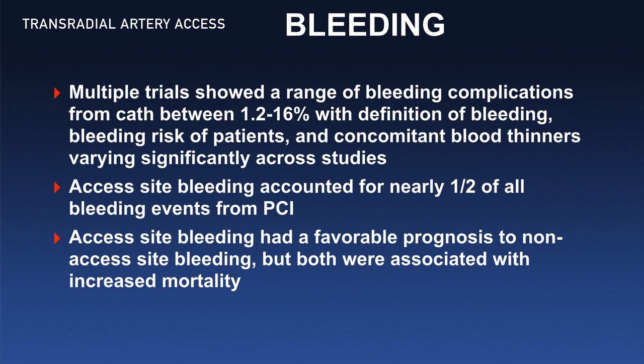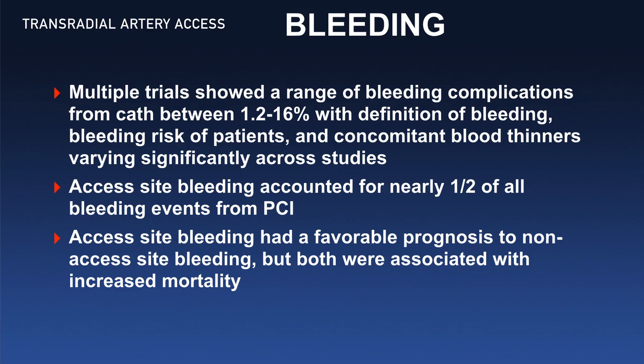If we talk about bleeding from coronary procedures, many trials have shown a wide range of complications with bleeding from the procedures we do, anywhere from just over 1% to as high as 16%. That variance depends on how we define significant bleeding, the bleeding risks of patients, and what blood thinners they're receiving. But nearly half of all bleeding events from coronary stenting is attributed to the site of access.